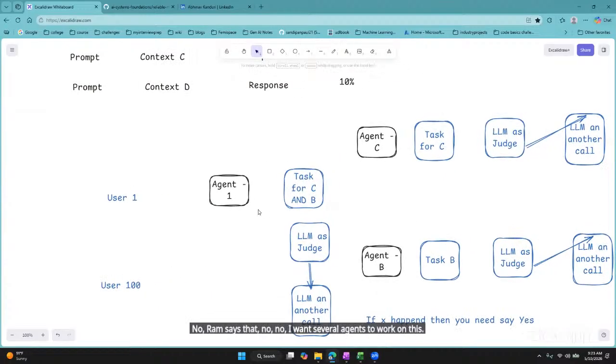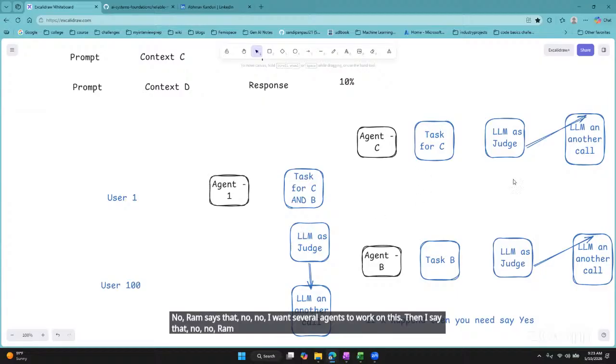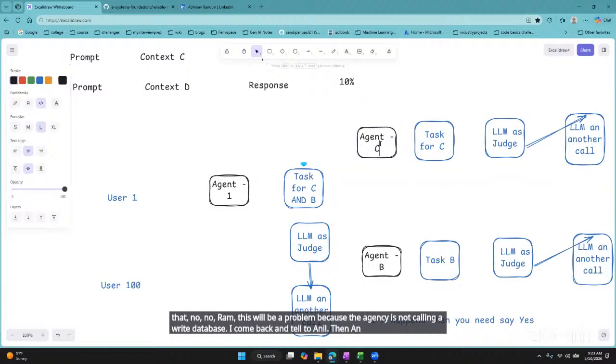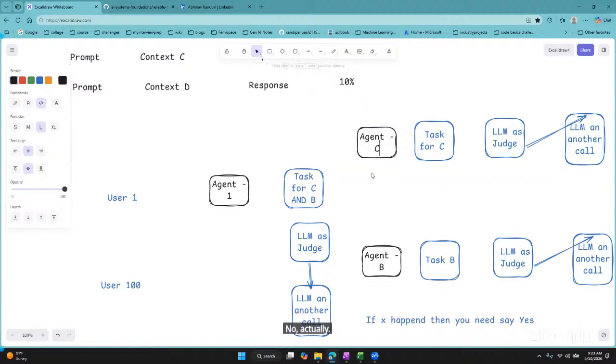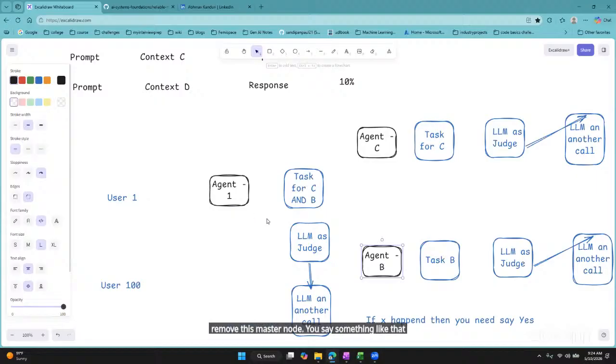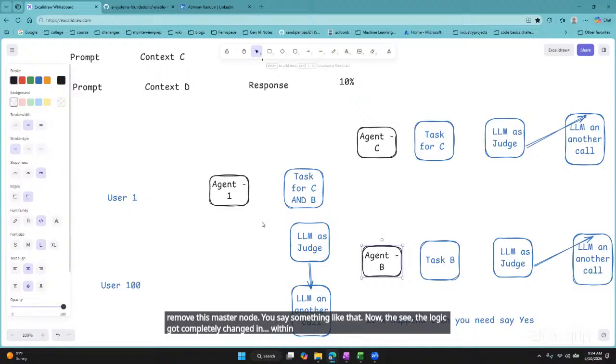Then I say that no, Ram, this will be a problem because the agent is not calling the right database. I come back and tell Anil. Then Anil says that actually agent A, agent B, and agent C are not getting a proper task from the master node. Do you really require this master node? Why can't we pass the user intent itself to the agents? Let's remove this master node. You say something like that. Now the logic got completely changed within a small discussion itself.